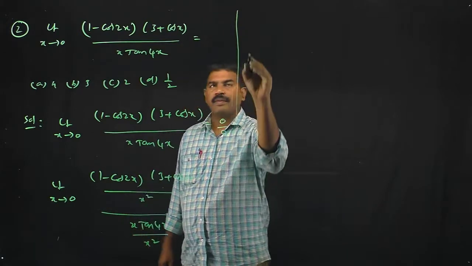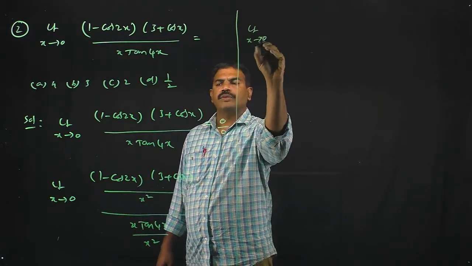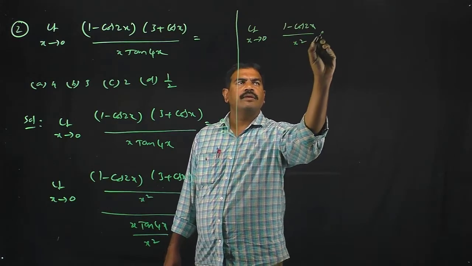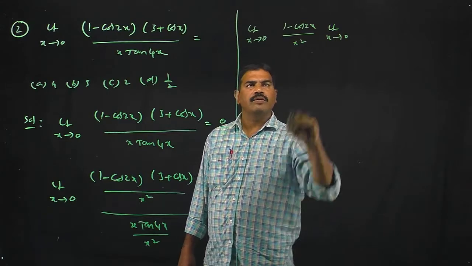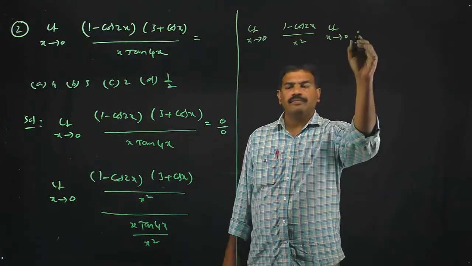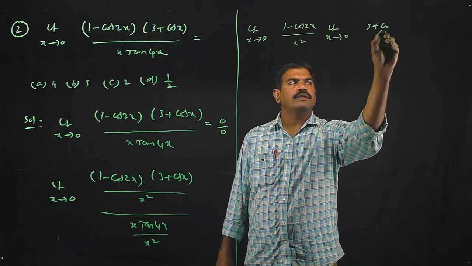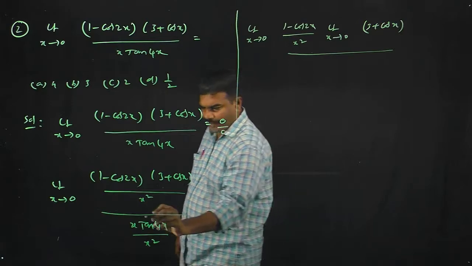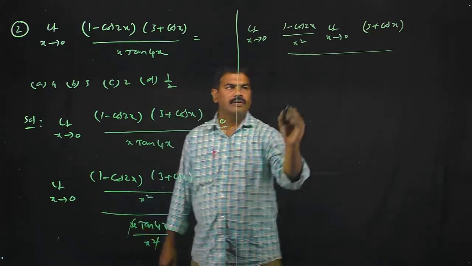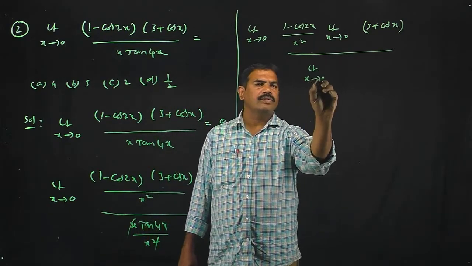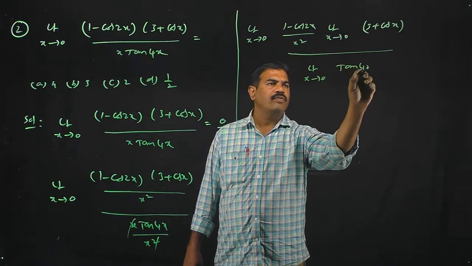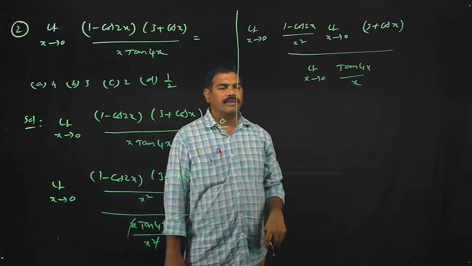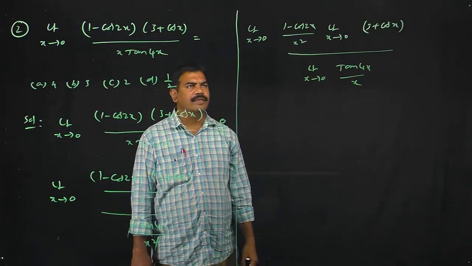That is, limit as x tends to 0 of (1 minus cos 2x) by x square, into limit as x tends to 0 of (3 plus cos x), by the denominator, where x and x cancel, limit as x tends to 0 of tan 4x by x. It is in the form of limit as x tends to 0 of 1 minus cos ax by x square.